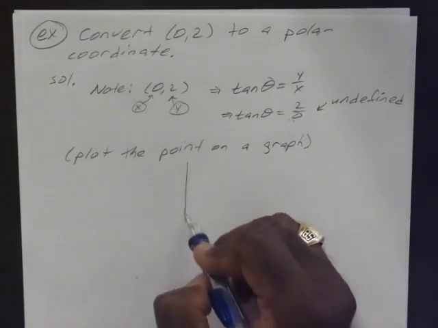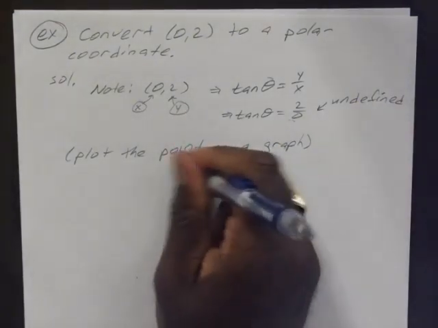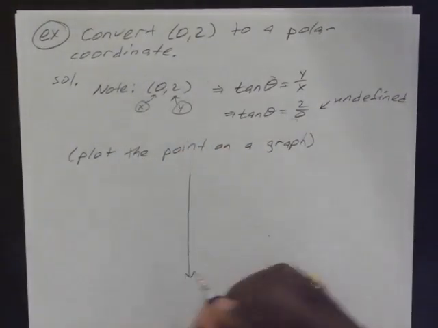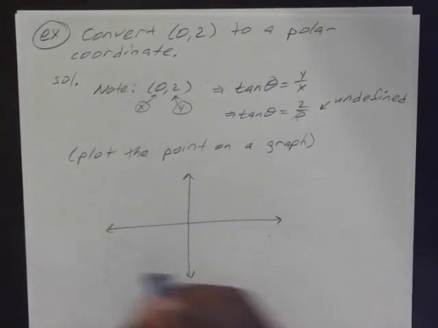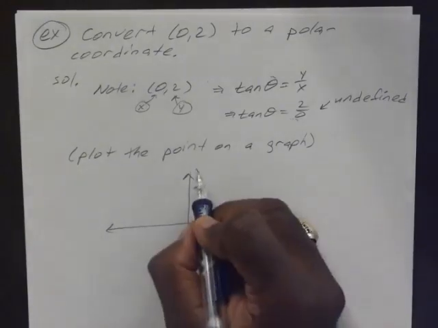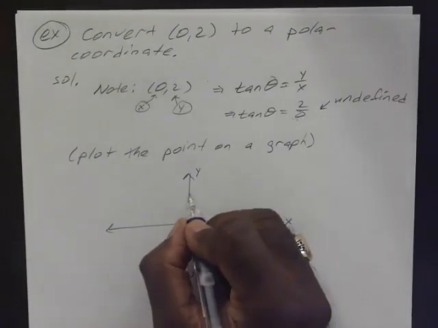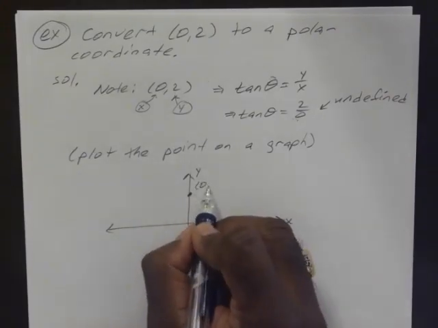So if we do that, the point 0, 2 would be about right there. This is our 2. So let's say this is the point 0, 2.